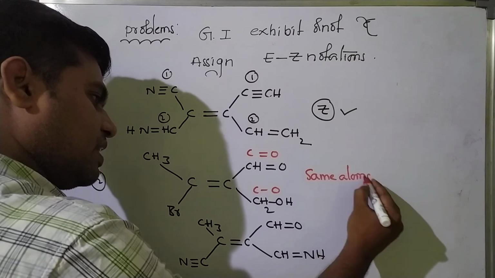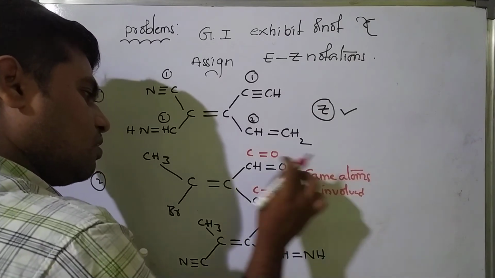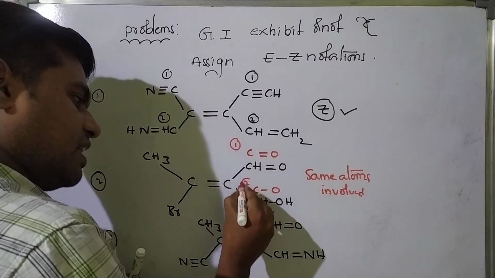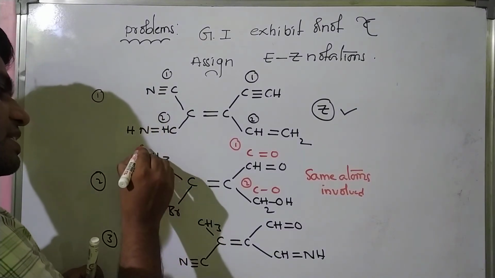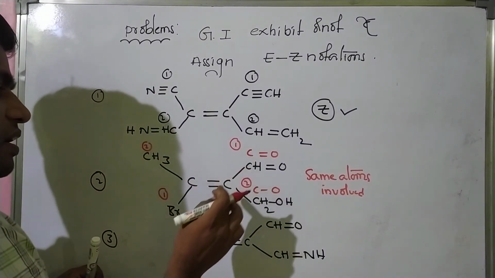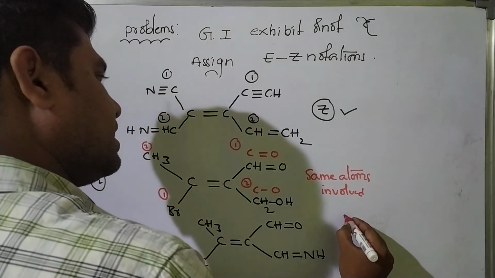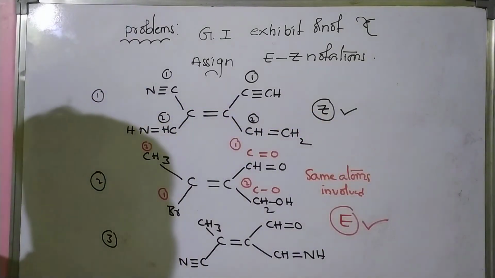So this will get first priority, this is second priority. Now this is bromine, first priority, this is second priority. Now first are opposite. So this is E isomer. Okay, please note.